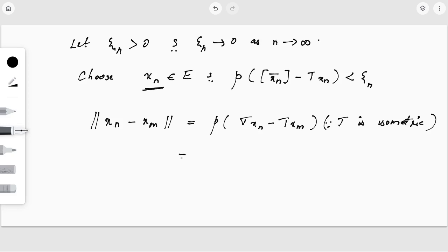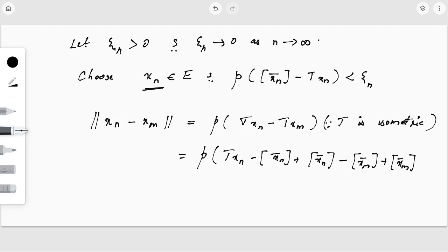What we are going to do is add and subtract a few terms, that is Txn minus coset xn bar plus coset xn bar minus coset xm bar plus coset xm bar minus Txm.